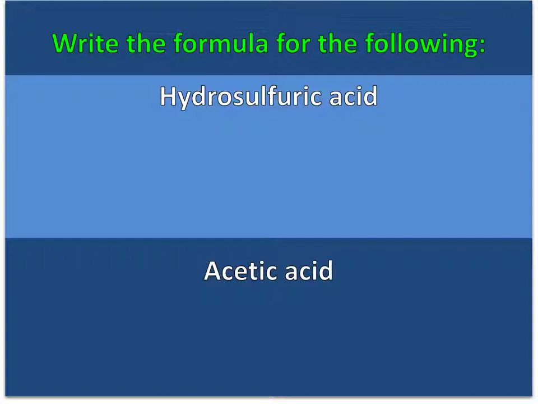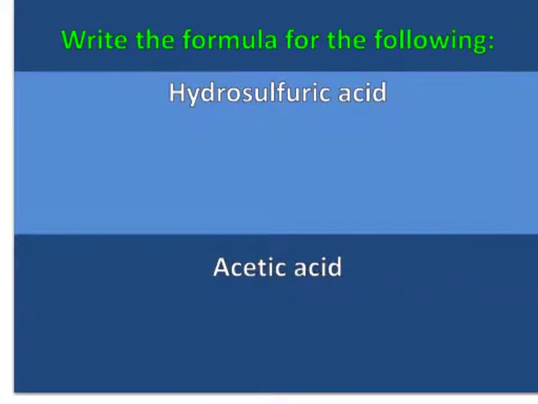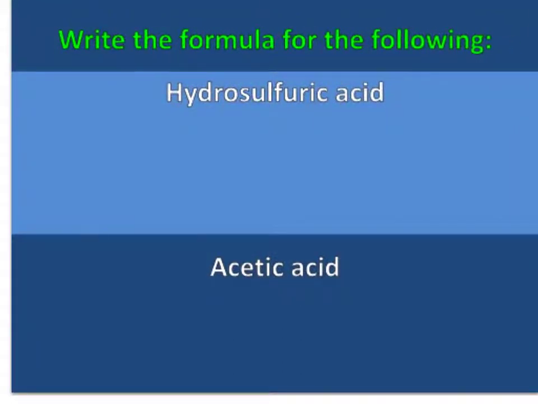We're going to write the formula for the following acids. So we have hydrosulfuric acid. We have hydro, that tells us it's going to be a binary acid. And remember, all acids are going to begin with hydrogen, so we know H+. And sulfuric. Now remember, we said any acid that contains sulfur is going to always have sulfur as the root.